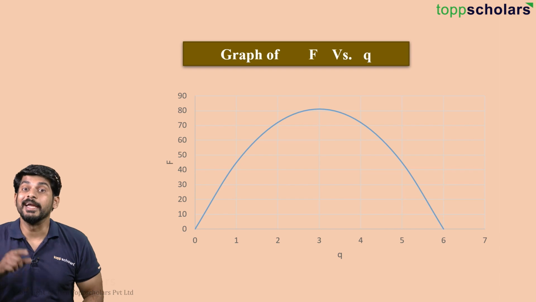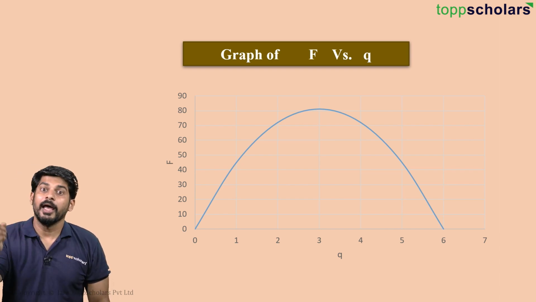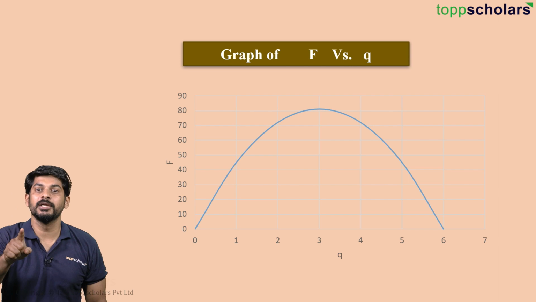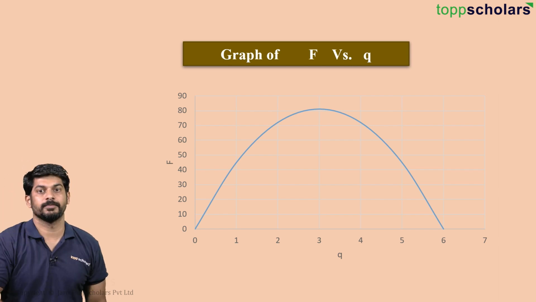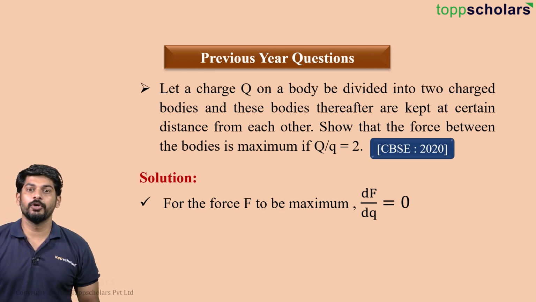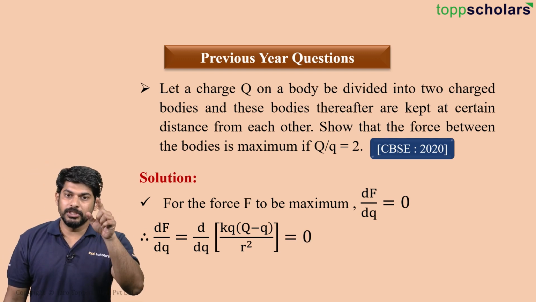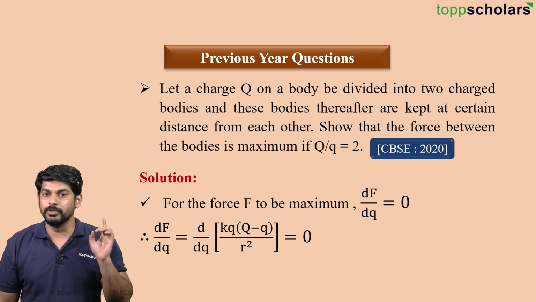That means the rate of change of F with respect to q at the point where F is maximum is going to be 0. So that's our condition to find the final solution. For the force F to be maximum, dF upon dq is 0. So dF upon dq is equal to this, and we can put the value of F here and set all this equal to 0.